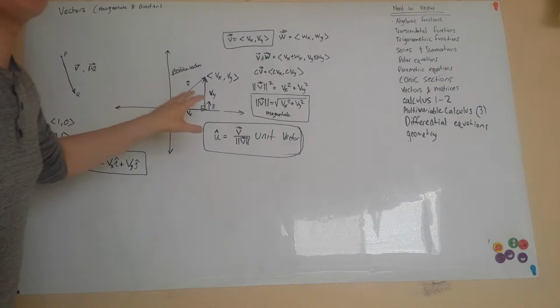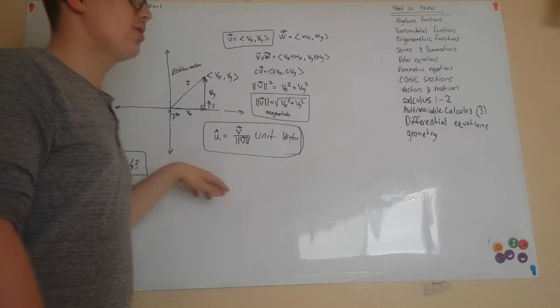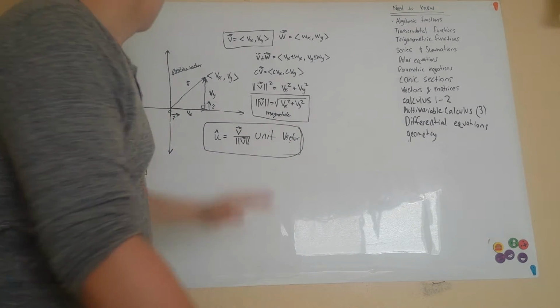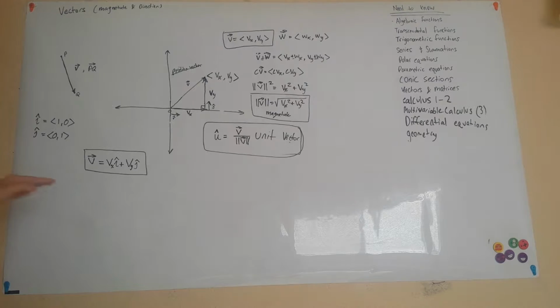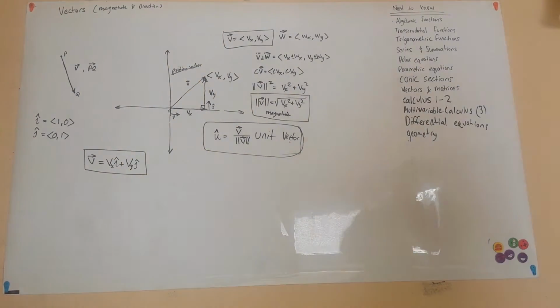Because so many things in physics are described by vectors. And there's going to be a lot of times we're going to use something called vector functions, vector fields. It is all important stuff. We're almost done. Almost done.